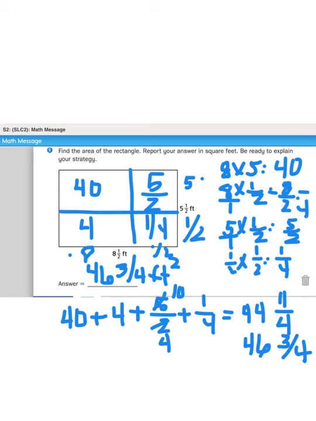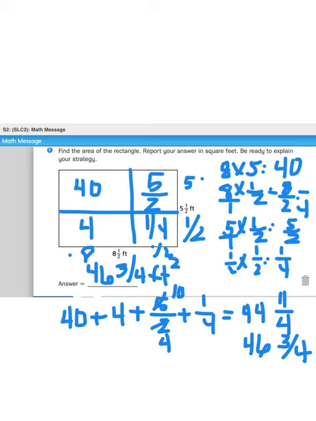Or we could have gone back to what we have done in the past and actually drawn tiles or small squares in the rectangle to count all of the tiles inside there to find the area of that rectangle.